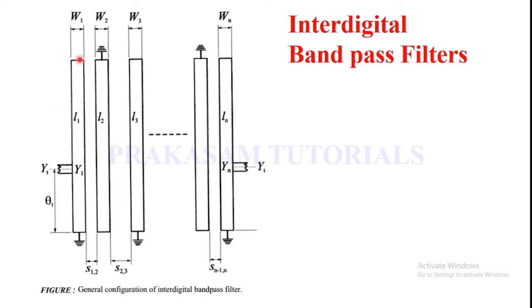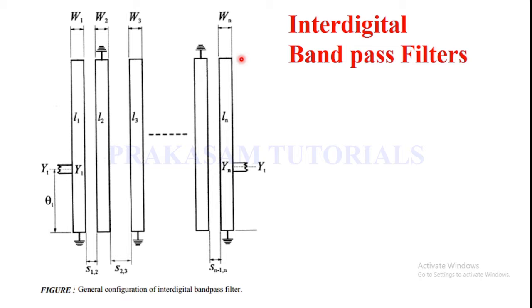In general, the physical dimensions of the line elements or resonators can be different, as indicated by the lengths L1, L2, L3 and so on, Ln, and the widths W1, W2, W3 and so on, Wn.